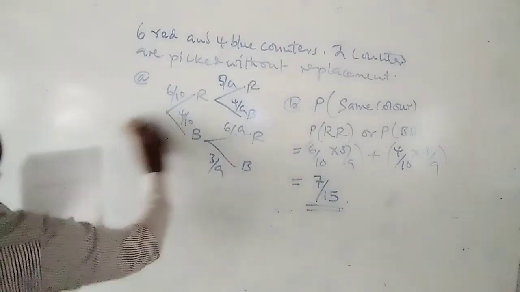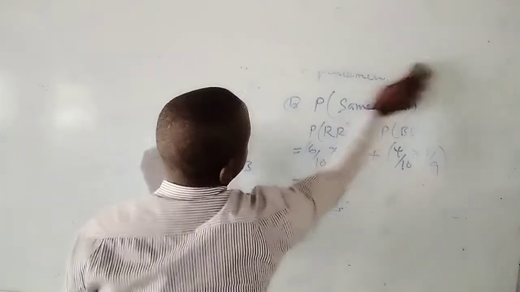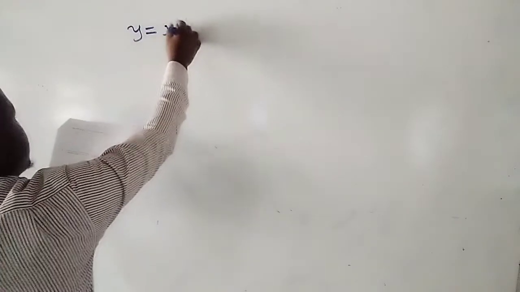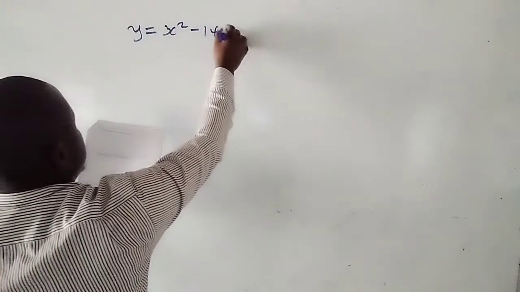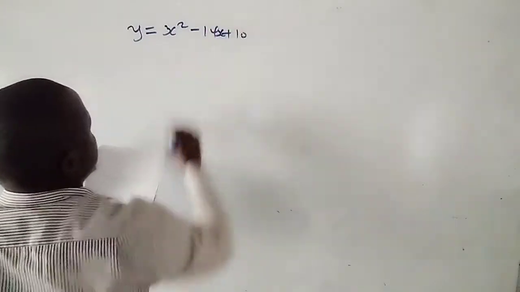Find the coordinates of the turning point of the curve y is equal to x squared minus 14x plus 10.